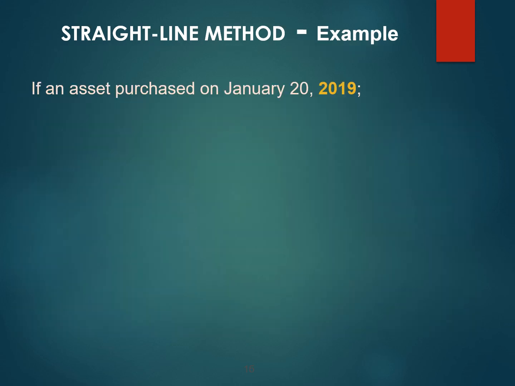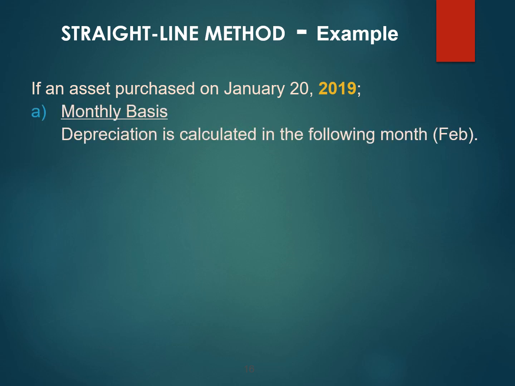Let us compare the amount of depreciation expense when using the monthly basis as well as the yearly basis. We will use the example on the previous slide. So, with monthly basis, if an asset purchased on January 20th, 2019, so using the monthly basis, we only calculate depreciation between February to December.